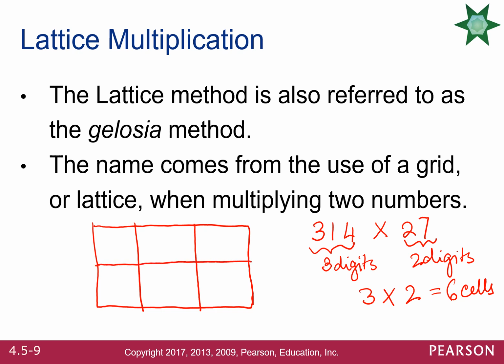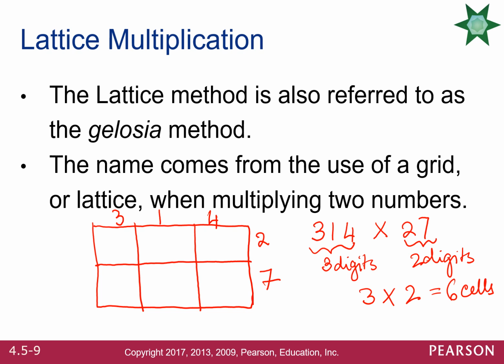So I'm going to write 314 as 3 different columns in the grid, and 27 as the 2 rows written on the right-hand side.